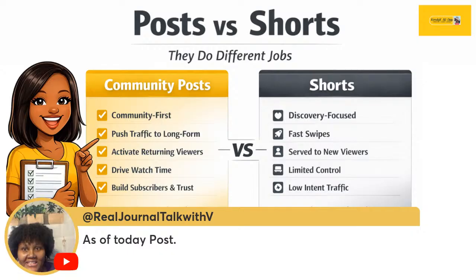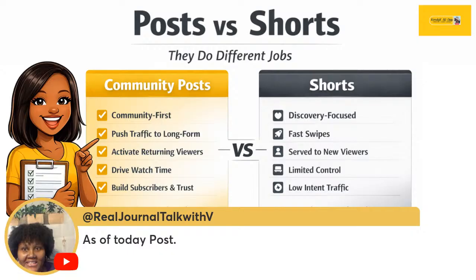Real Journal Talk with V says, as of today, I am learning to focus on community posts. Y'all continue to use both because they both work in different ways in the YouTube supercomputers. The algorithm uses your shorts in one way to help you increase your number of subscribers.